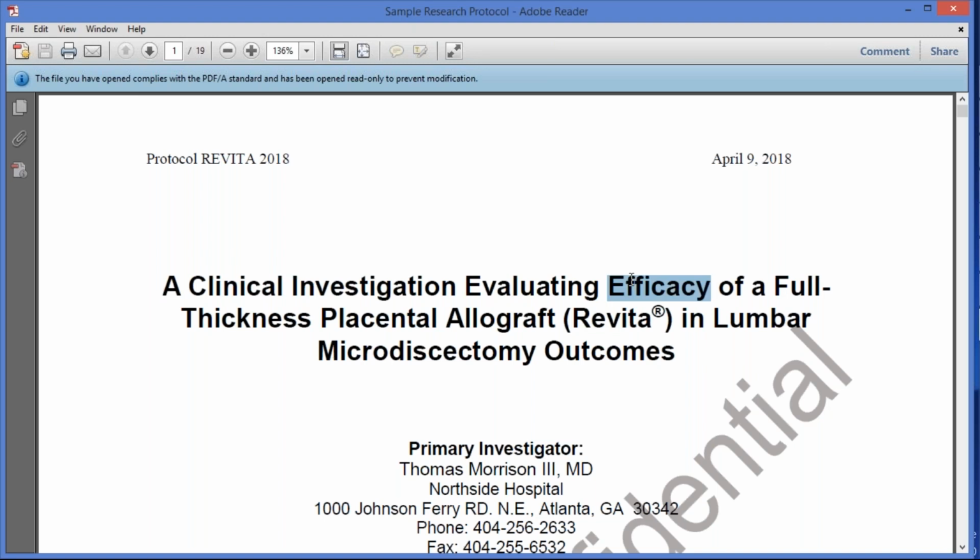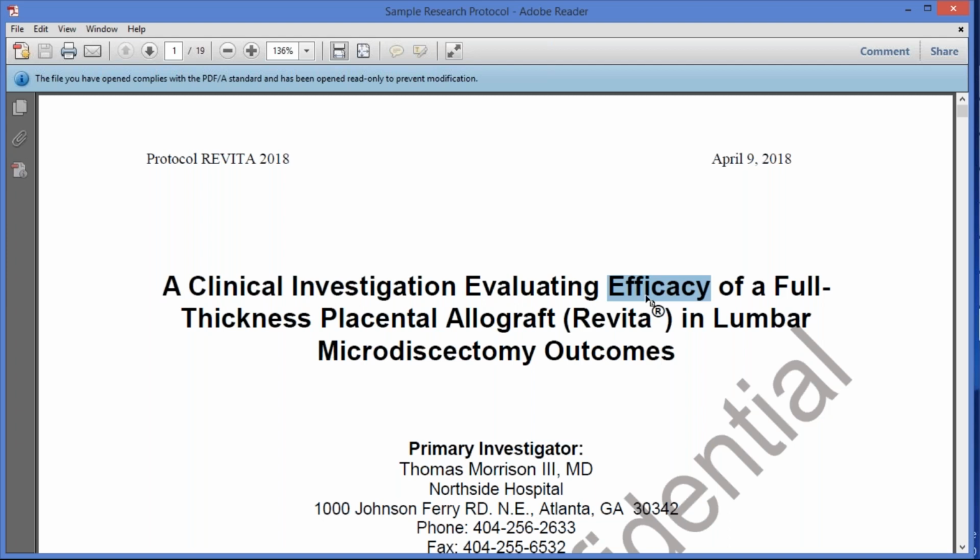So why are we conducting the study? To evaluate the efficacy. Efficacy is the end point. Efficacy is the primary objective. So what we are doing here is evaluating the efficacy of full thickness placental allograft.